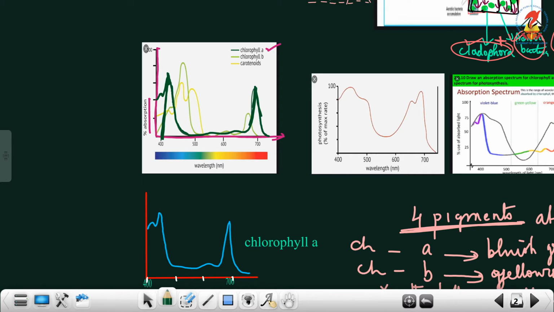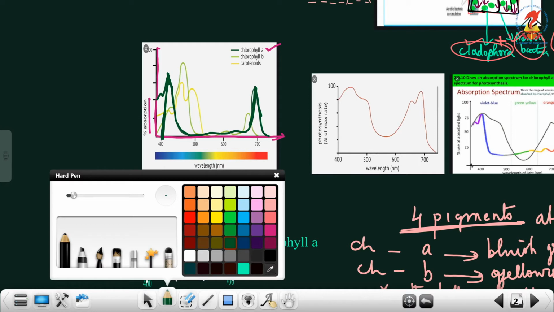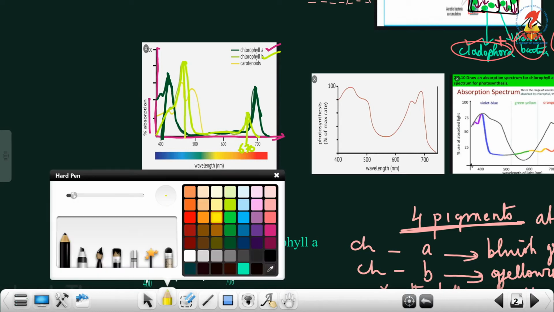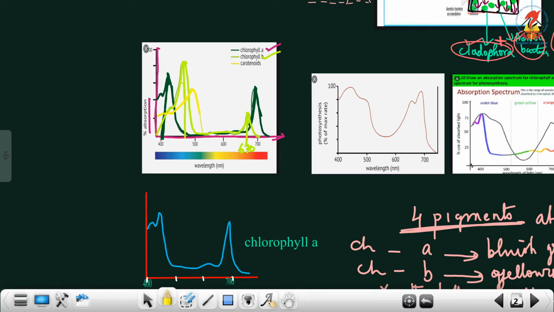Then chlorophyll B, with yellowish green color, peaks near 500, say maybe 470, then comes down and again peaks before 700, say at 670. Then carotenoids, shown in yellow color, peak at 500, and there is no second peak.